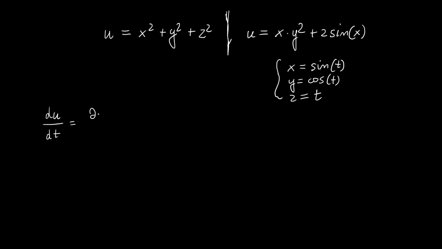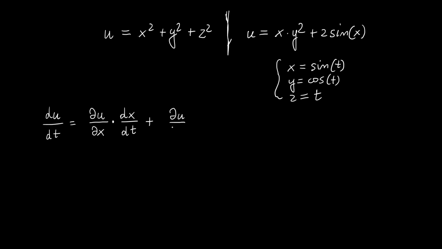We take each partial derivative, multiply it by derivative of argument with respect to our main argument, and add them together.